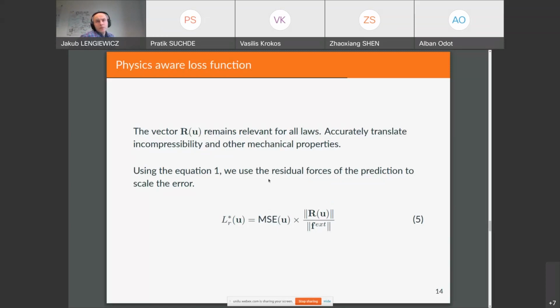So you mean that once you enter the zone in which R is low, your residual is low, your gradient will be lower because it will be scaled by R.